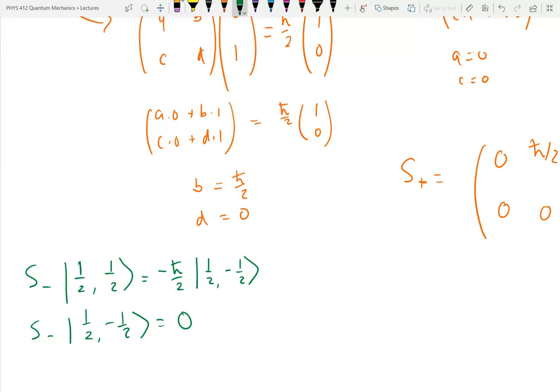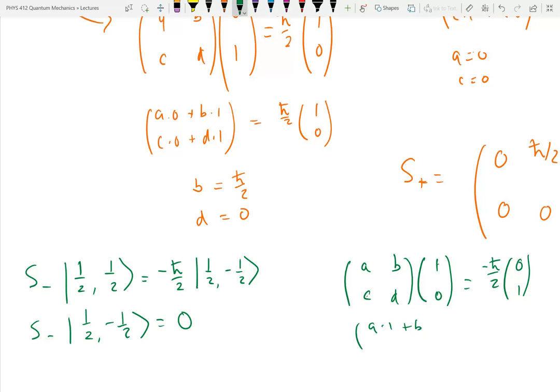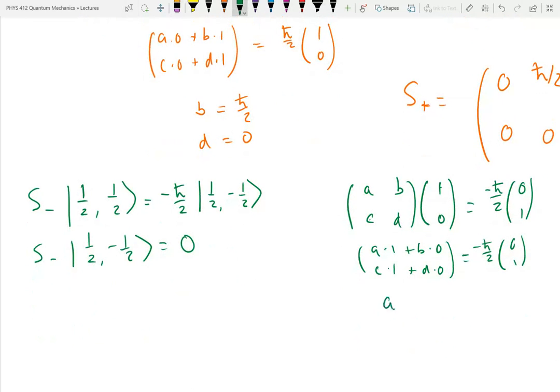So doing the same type of work, a new A, B, C, D. So that gives me A equals 0, C equals minus H bar over 2.